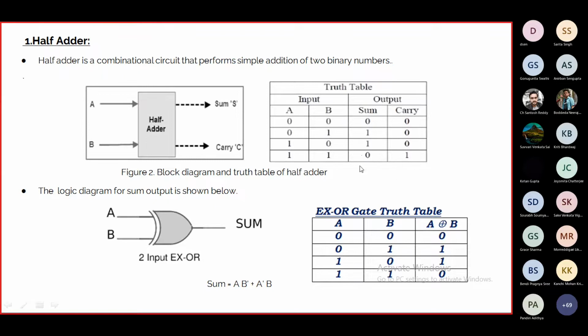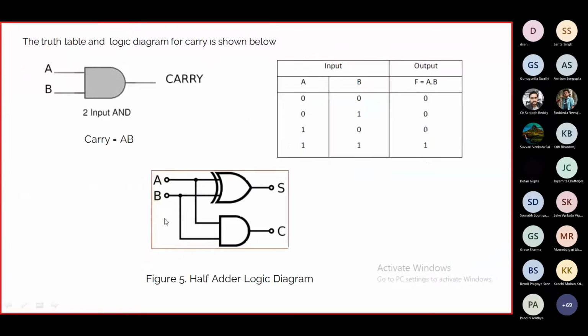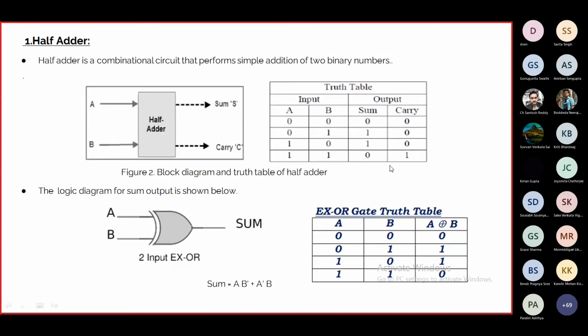And it looks similar to the truth table of the XOR gate. So we can represent sum with a logic diagram, as shown below, similar to the XOR gate. We also see here that the carry in this truth table looks similar to the truth table of the AND gate.